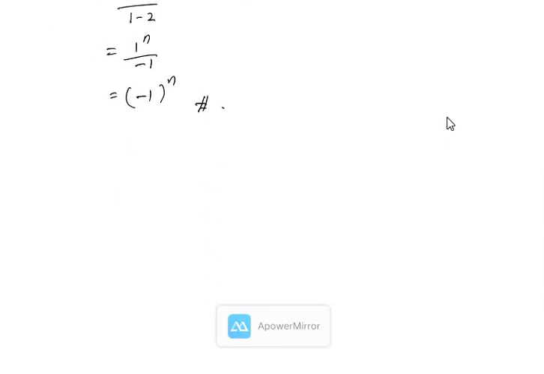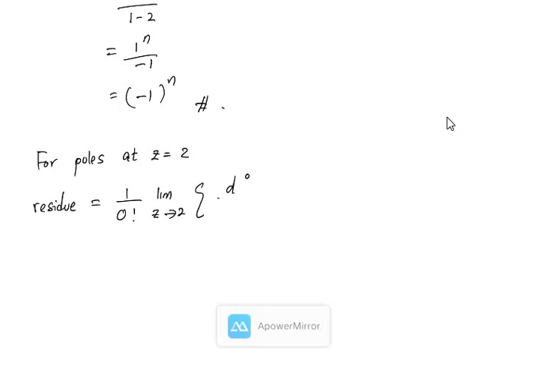And then for the pole at z equal to 2, the residue equals 1 over 0 factorial, the limit as z goes to 2 of d over dz to the power 0 of z minus 2 times X(z) times z power of n minus 1.